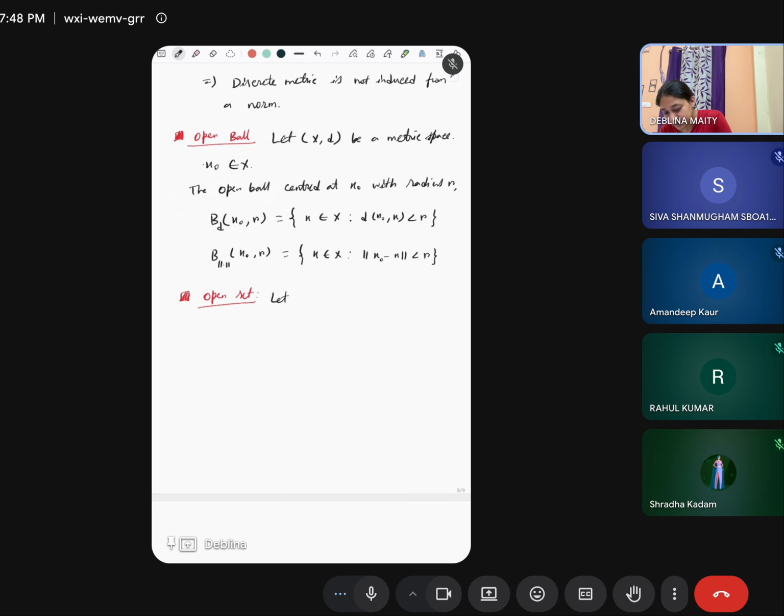So let U be a subset of X. Then U is said to be open in X if for each x in U there exists some r_x greater than 0 such that B(x, r_x) is contained in U. So U will be open if for each point there is some open ball which is completely contained in U. Then it will be called an open set.